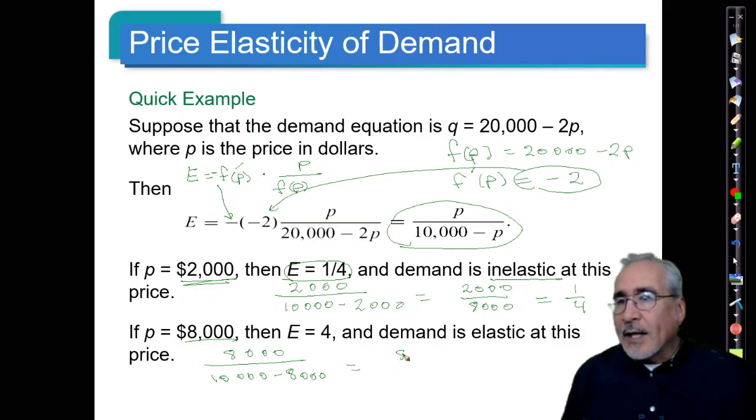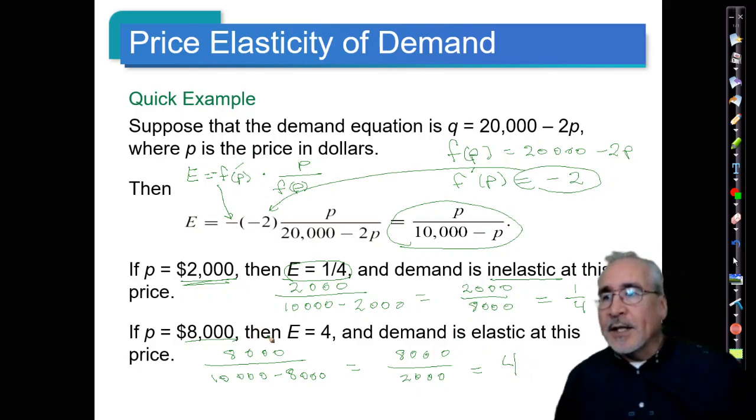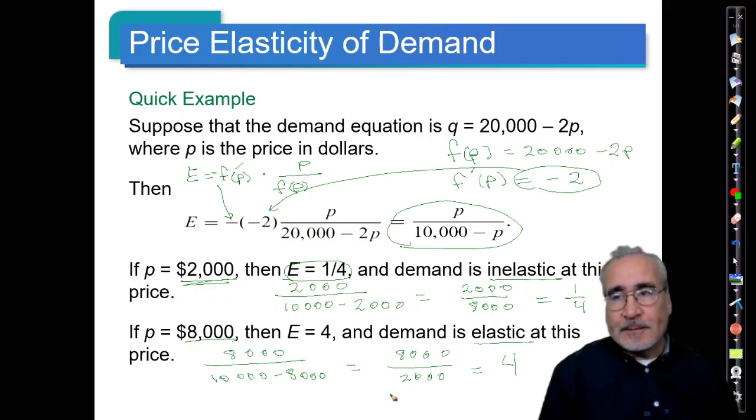So that gives us 8,000 in the numerator divided by 2,000 in the denominator. And in this case, 8,000 divided by 2,000 is the number 4. 4 is larger than 1, so it is elastic. The demand is elastic at this price.